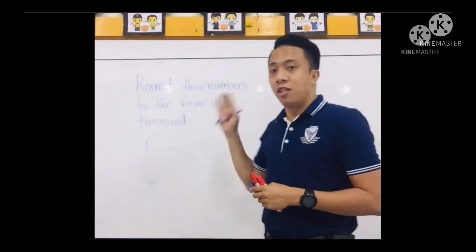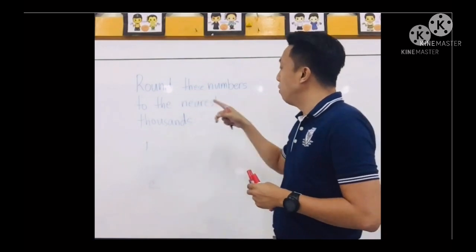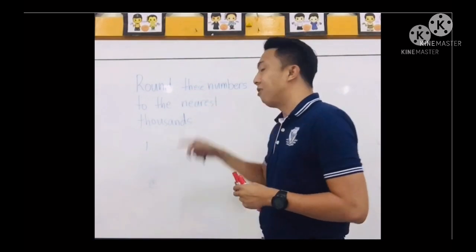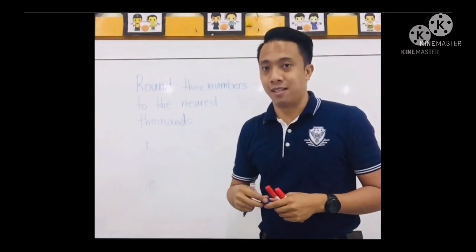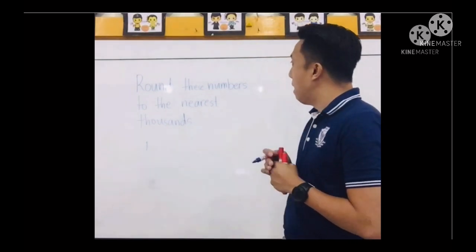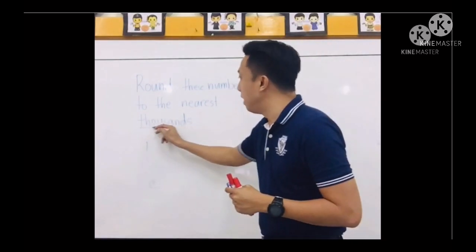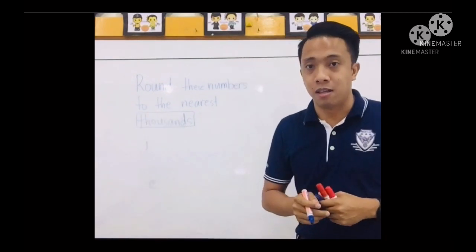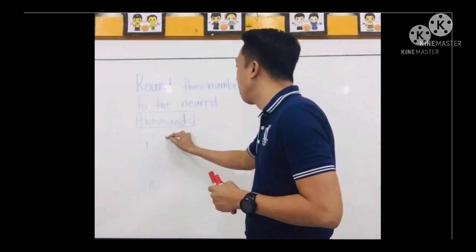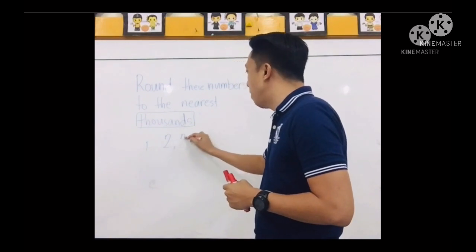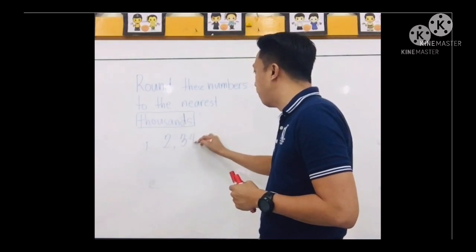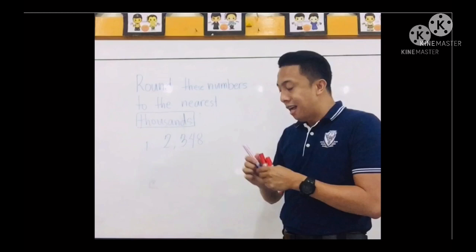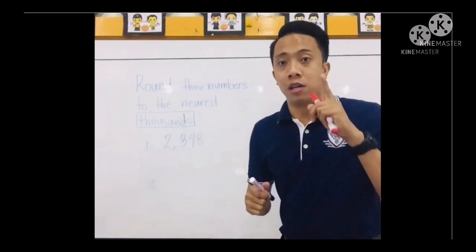Round these numbers to the nearest thousands place. Right? So our main question is we need to find the numbers in thousands place. For example, 2,348. Let us first do the first reminder.